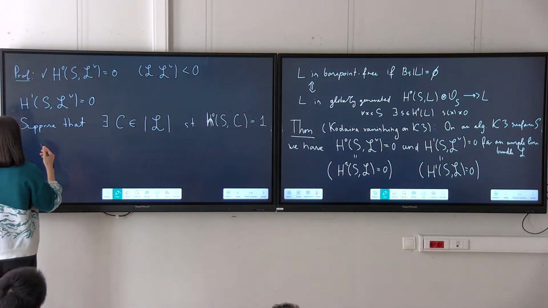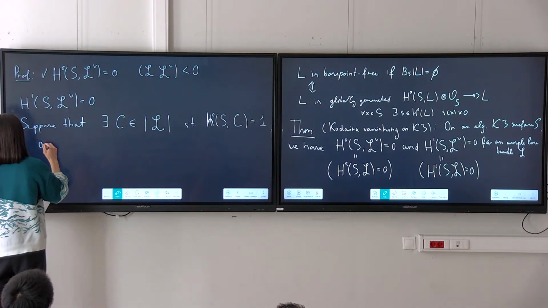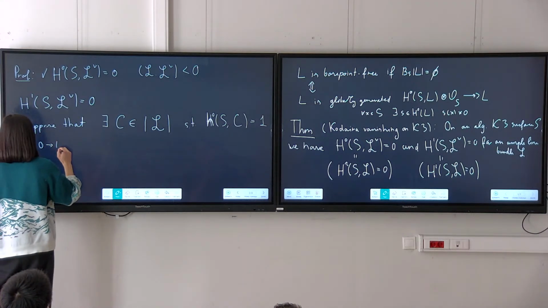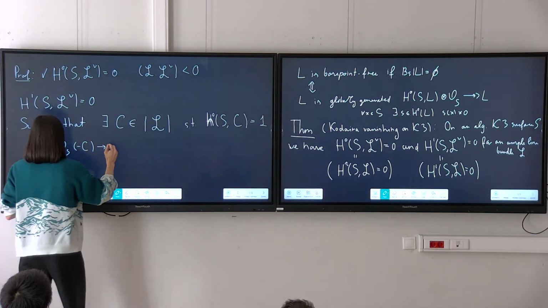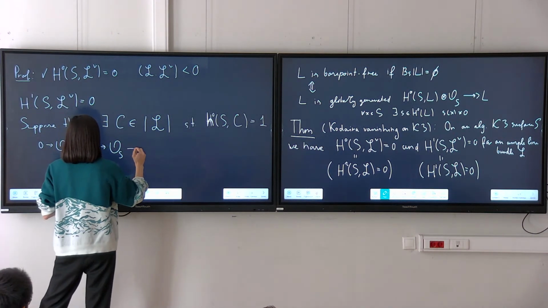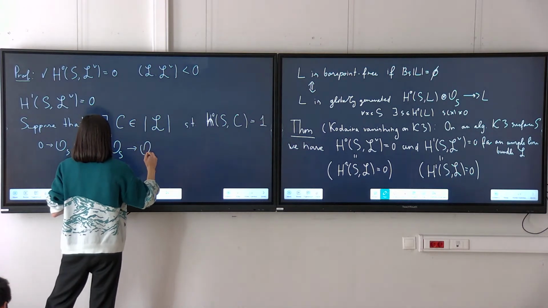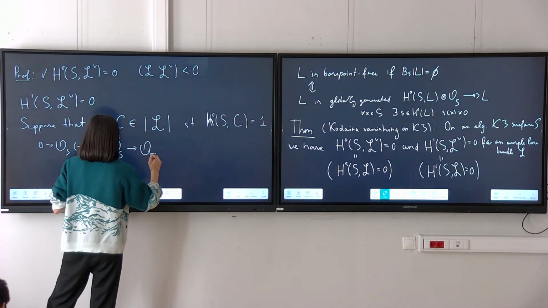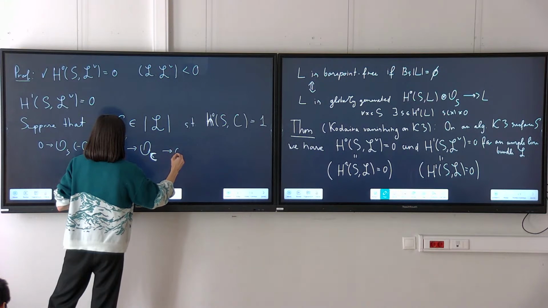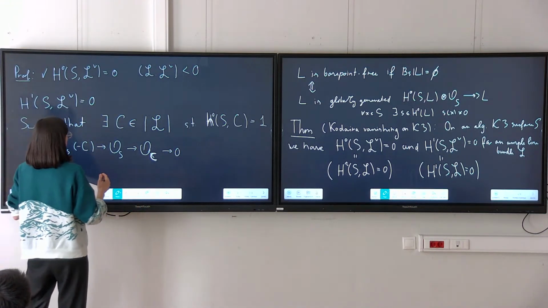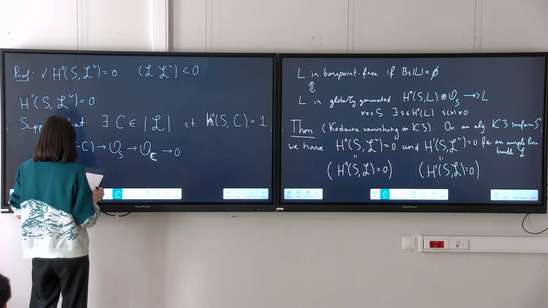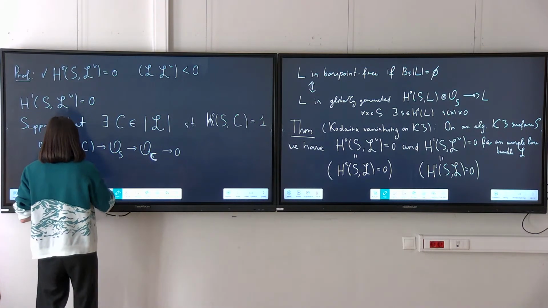So how can we now prove the vanishing? We can consider our favorite exact sequence, O_S maps to O_S(C) maps to O_C(C).